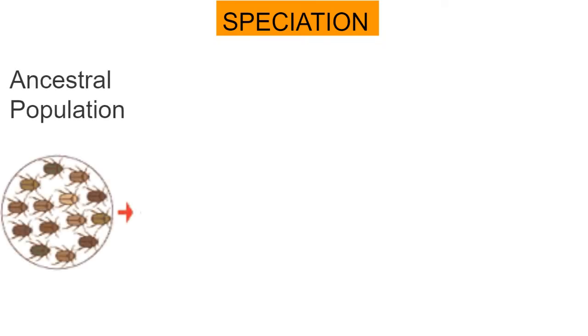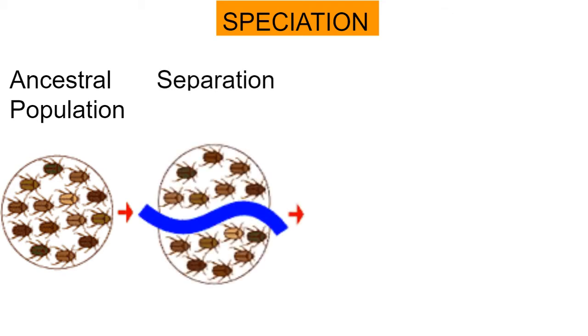So when we look at speciation as a whole, we are going to start with a population, a group of organisms living in one specific area. We'll call that the ancestral population. They are going to have to somehow become reproductively isolated, and that is separation.